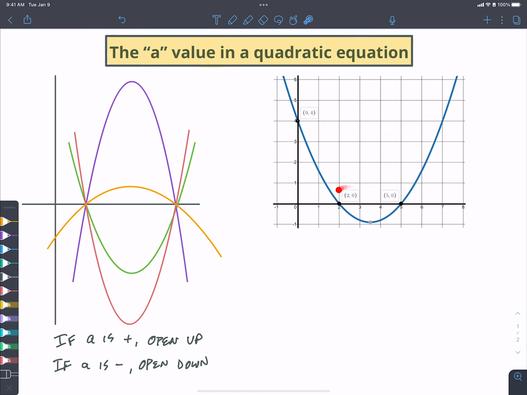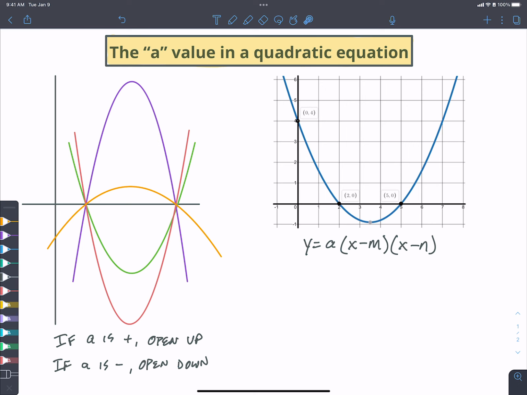Now, before, we had noticed that when we had a factored form, y equals a times (x minus m) times (x minus n), these values were always opposite of the intercept values right here. So I can take these intercepts and drop them in here, and I know that the values are going to be opposite of what's up here. We learned why that was the case when we did the null factor law.